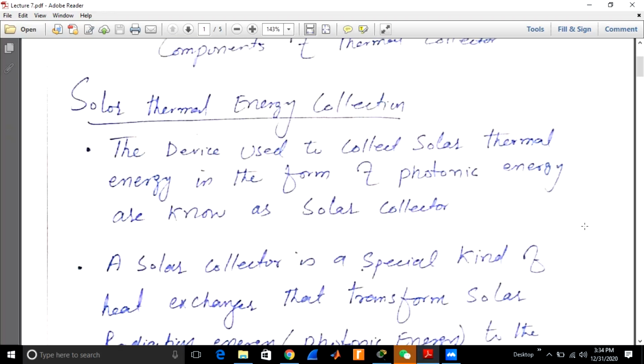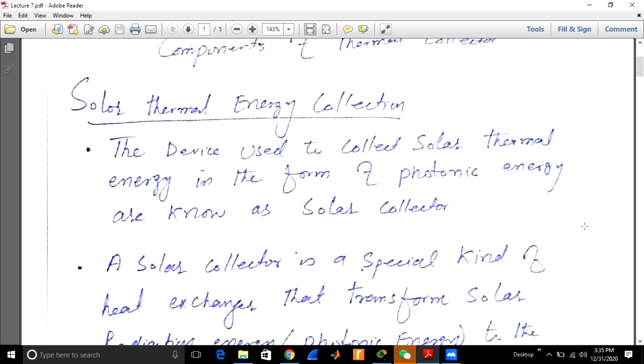What is meant by photonic energy? The energy of the light that comes from the sun is called photonic energy. And you know that there is a dual nature of light. Some scientists say that it is a particle and some say that it is a wave. From the modern physics point of view, it behaves as both. Sometimes it behaves like a wave and sometimes like particles.